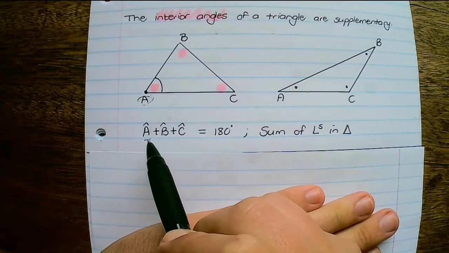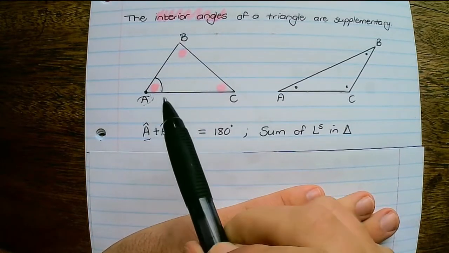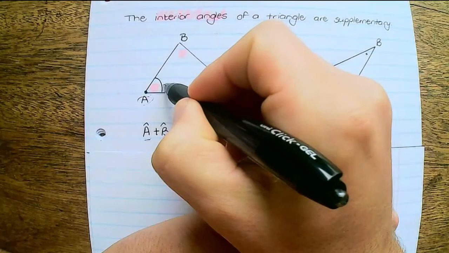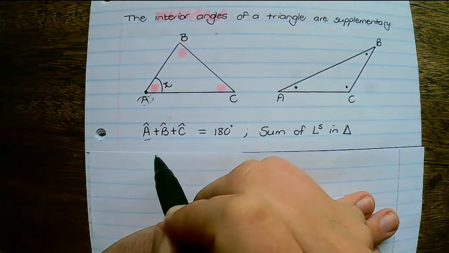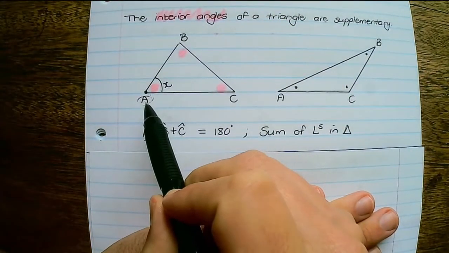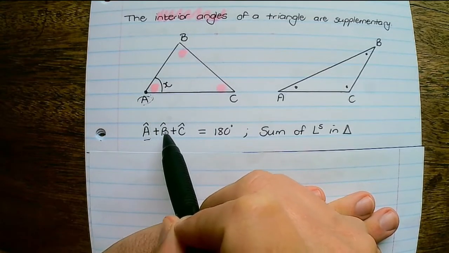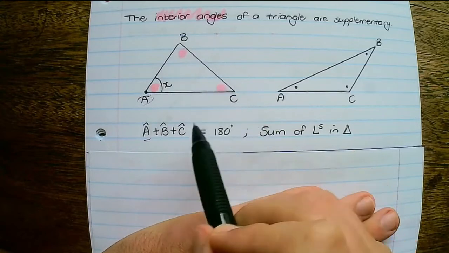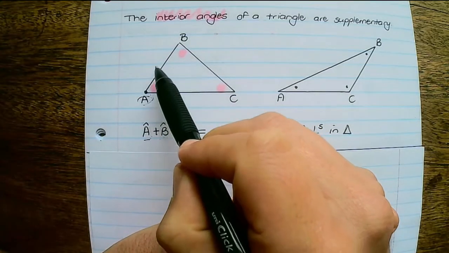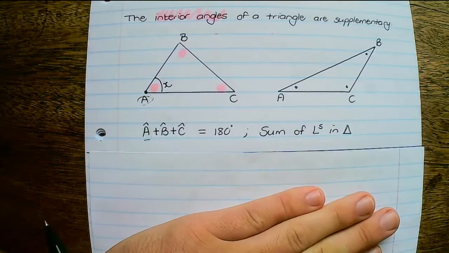In order to use it correctly in geometry, when we don't have letters on the inside, for example, X, then I use angle A, capital A with a hat on, plus angle B, plus angle C, referring to the three different places where the lines meet.